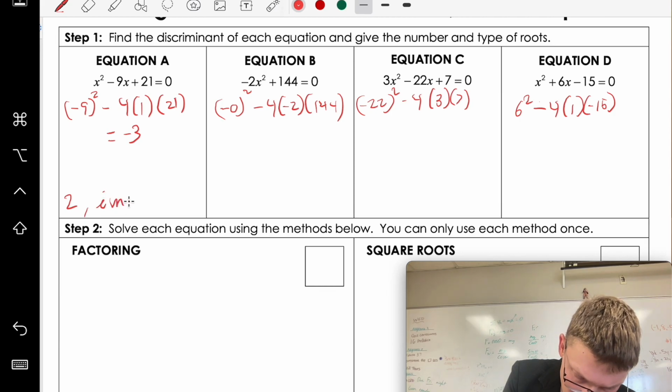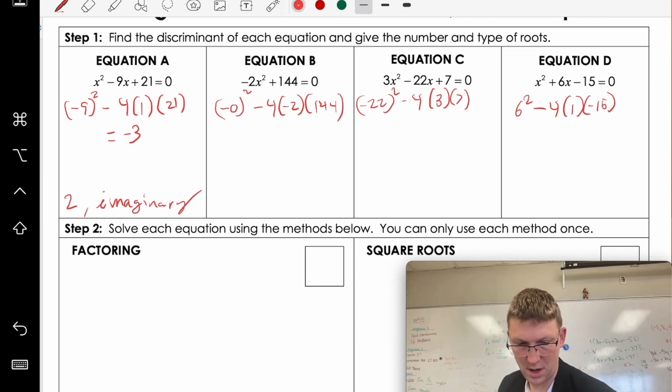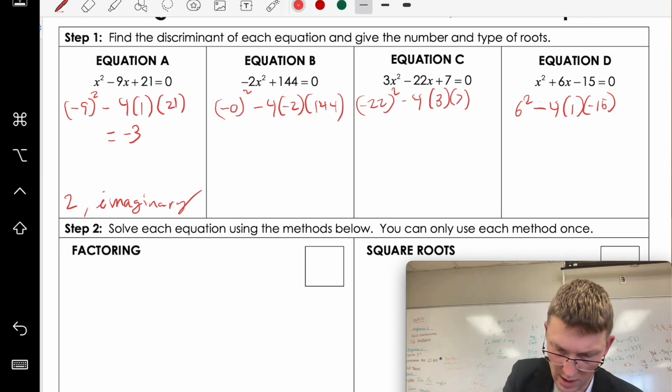They're going to be imaginary. I don't care about writing anymore either. Yes, my handwriting is terrible. That's okay. Okay, next one. Got negative 4 times negative 2 times 144, that is a big number.